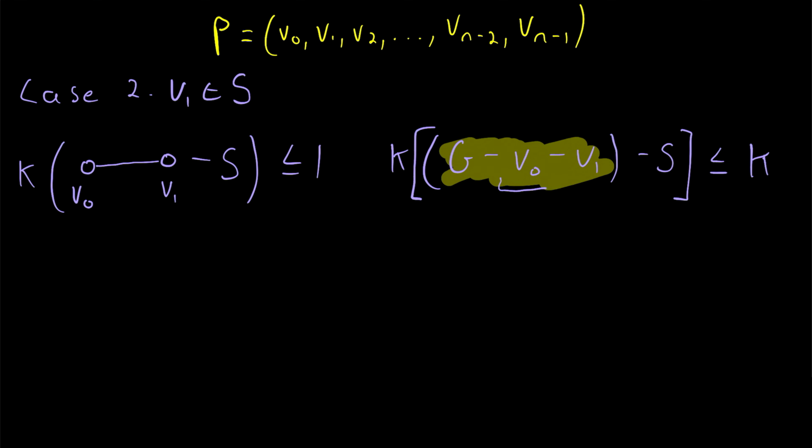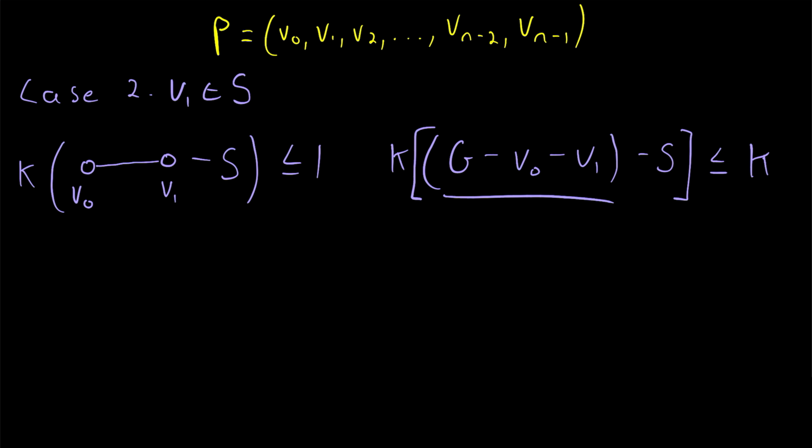So don't think of V0 and V1 as vertices that are being deleted. They're vertices that aren't in that graph. And so when we then delete all the vertices that are in S from this graph, we're only deleting at most k minus 1 vertices, since one of the vertices of S, V1, is not in this graph. So hopefully that helps clear it up.